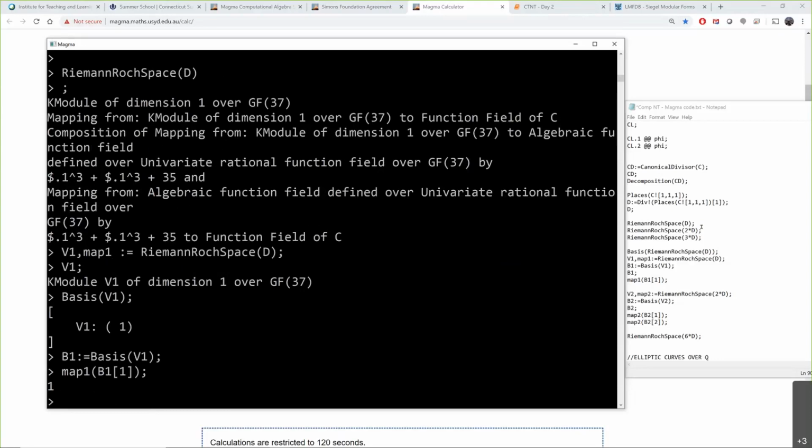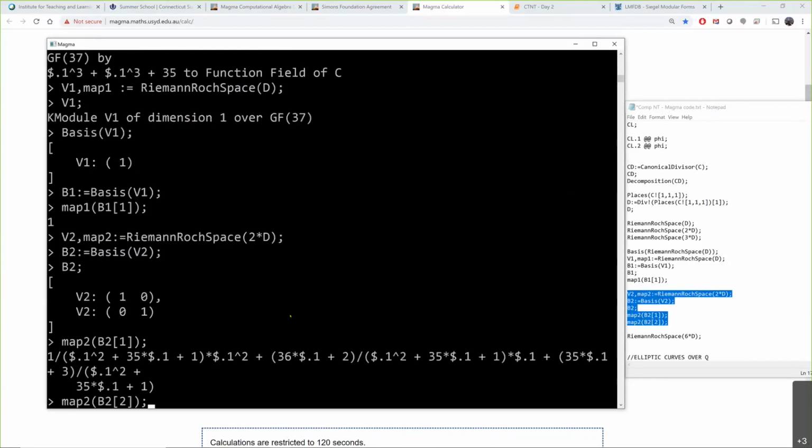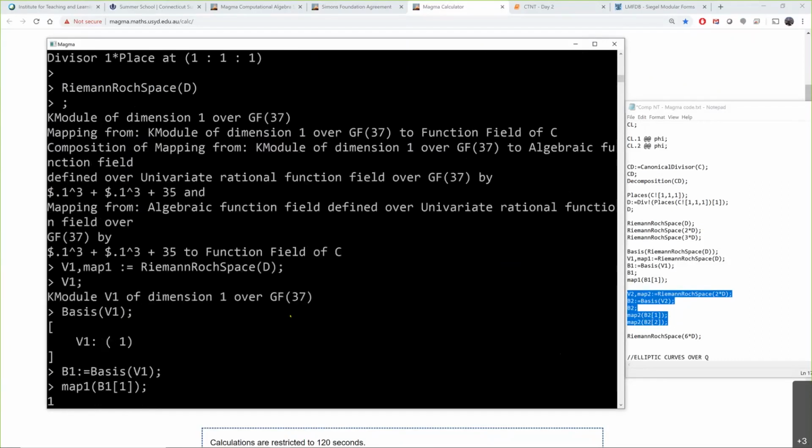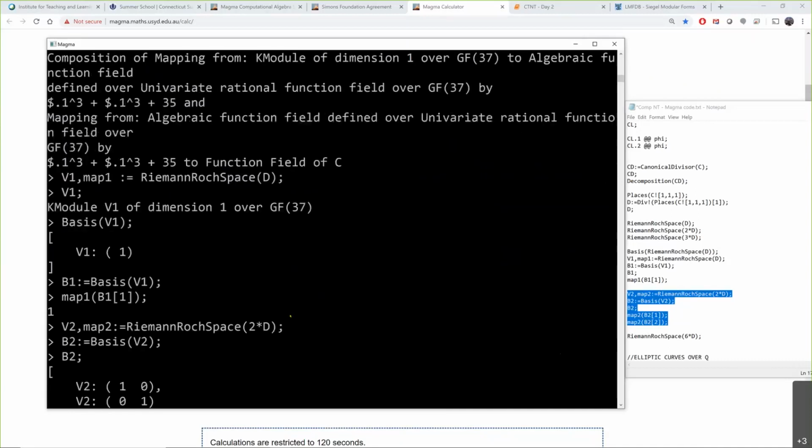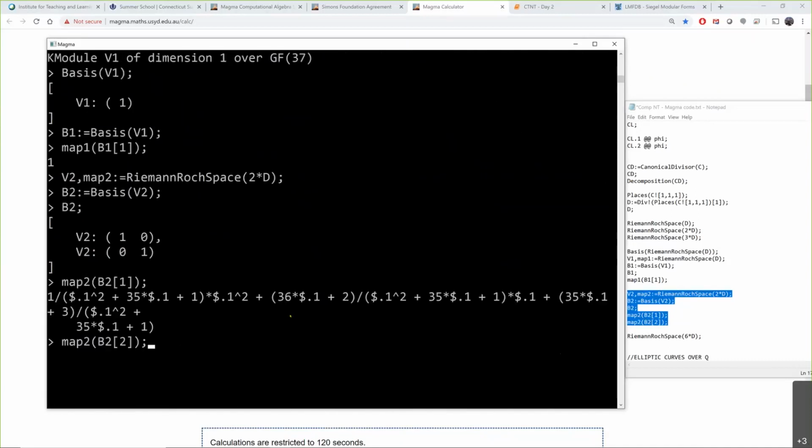Let's look at other Riemann-Roch spaces. Let me do the same thing, but with the Riemann-Roch space for 2D. Okay, hold on. So here it is. Where does it start? Yeah, here. So I now define V2 to be the Riemann-Roch space for 2D.